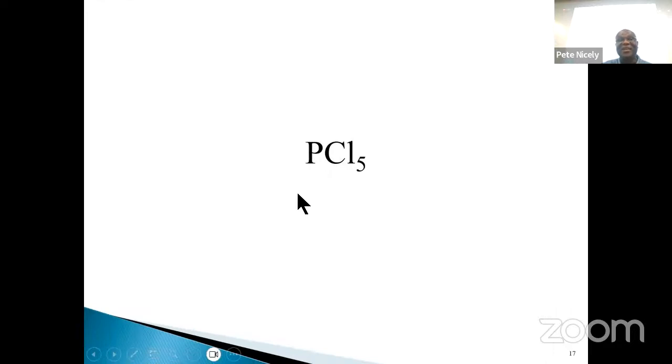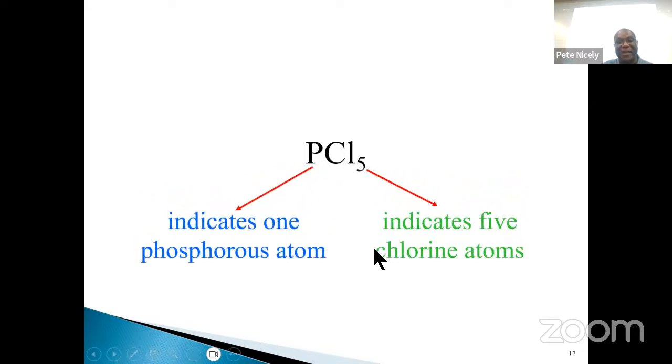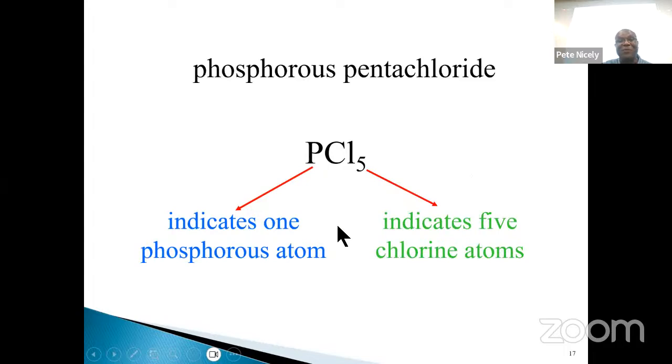Here's another example. If you remember the rule I mentioned before, if the first element in the formula has only one atom, then we do not use the mono prefix, right? In this case, we have one phosphorus atom and 5 chlorine atoms. So the name of this compound would be phosphorus, and then penta, because you have 5 chlorines, and then chloride. Instead of chlorine, we have chloride.